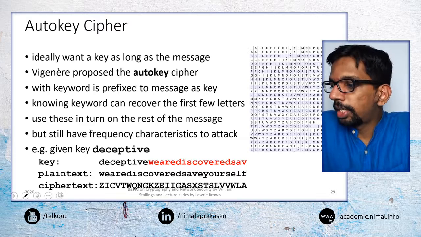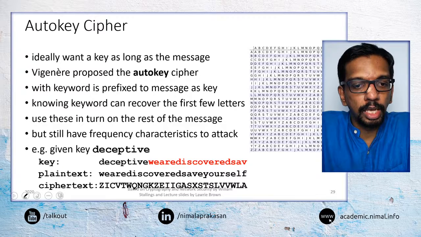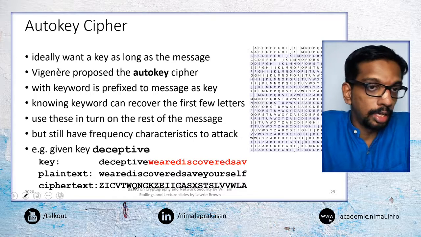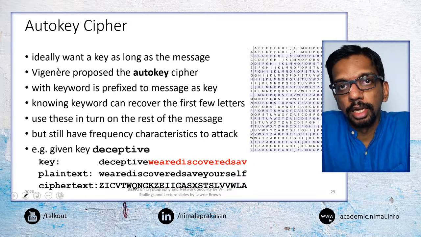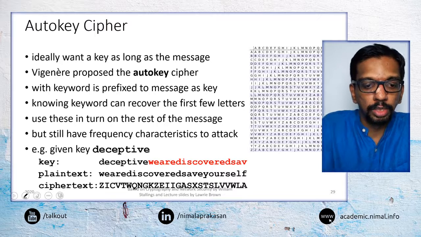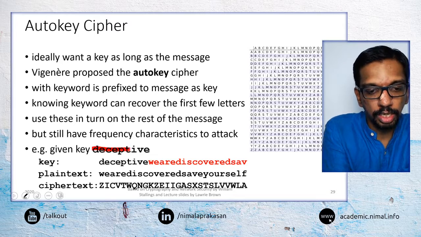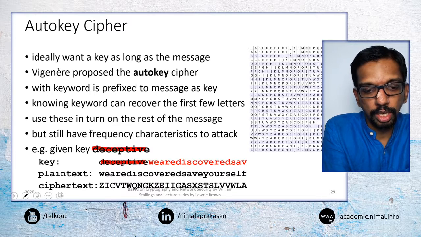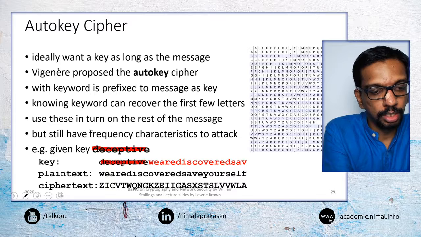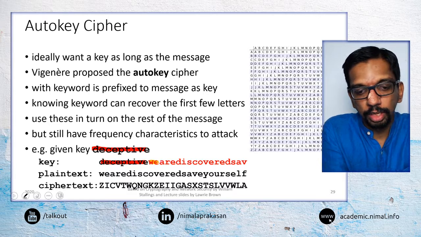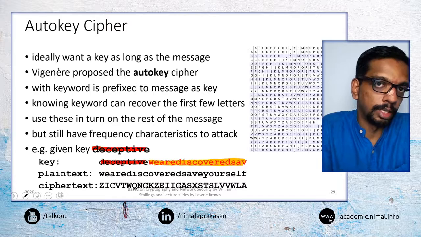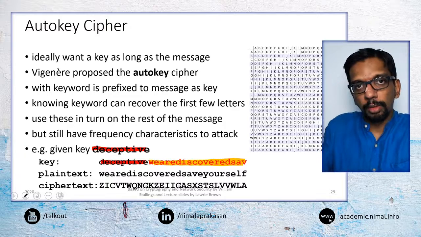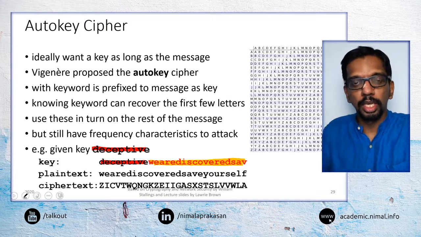Then another variation of a polyalphabetic cipher is what is called the autokey cipher, and this was also proposed by Vigenere. The main difference with this one is we start with the key, but after that we don't repeat the key, we replace it with the actual plaintext. So the plaintext forms the rest of the key itself.